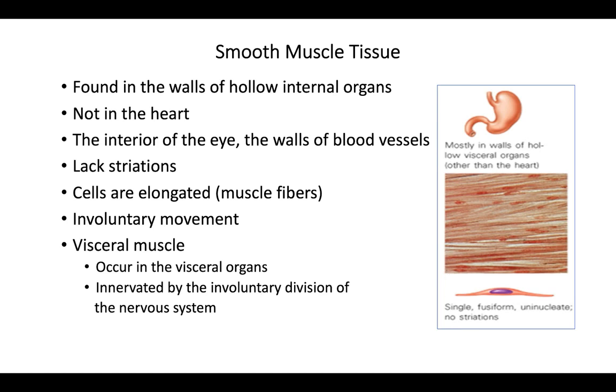Smooth muscle performs a variety of functions, including mixing food in the stomach and intestine, dilating and constricting the pupil of the eyes, and regulating the flow of blood through blood vessels. Therefore, it is called a visceral muscle because it makes up the wall of visceral organs. Smooth muscles are innervated by the involuntary division of the nervous system.